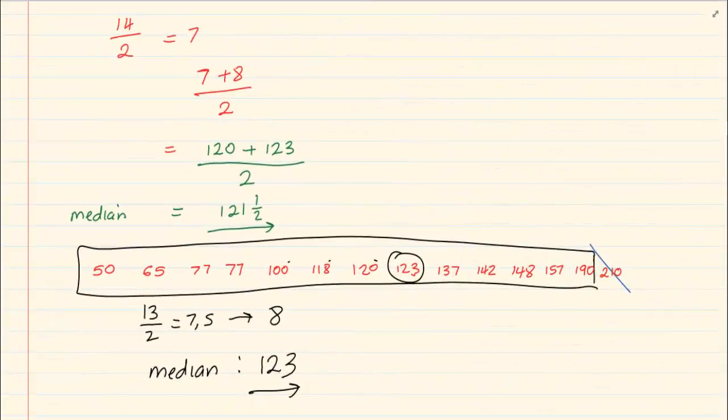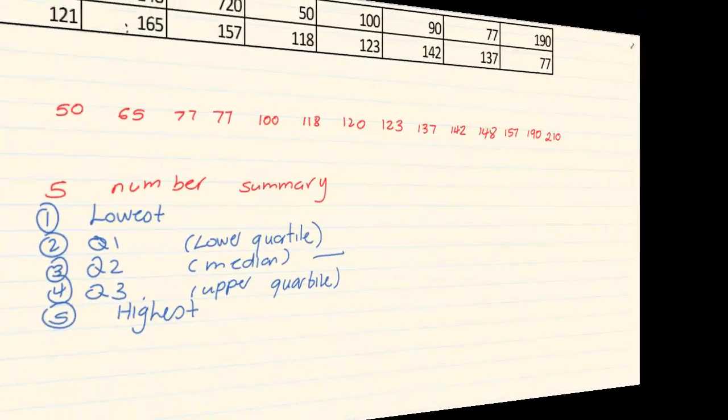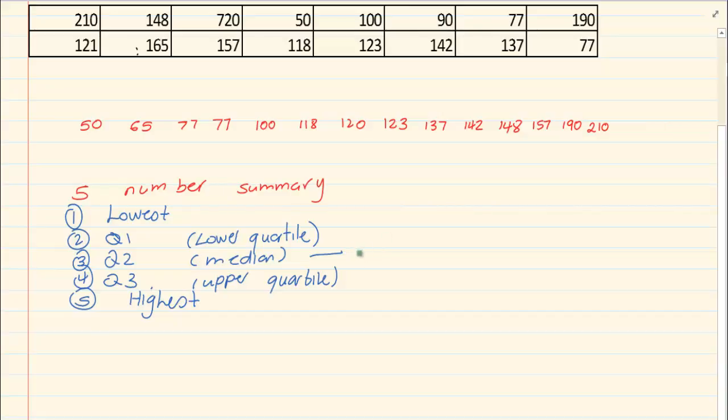The median for the information that we had previously worked out was 121,5. Now what is the lowest? That is the reason you have to put it in order. The lowest is 50. And the highest is 210.